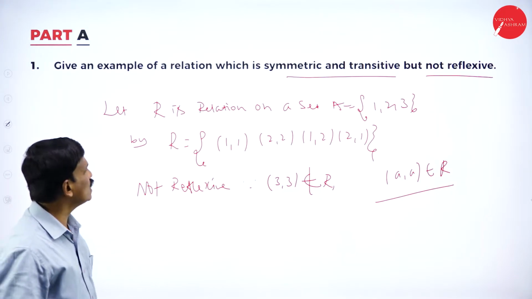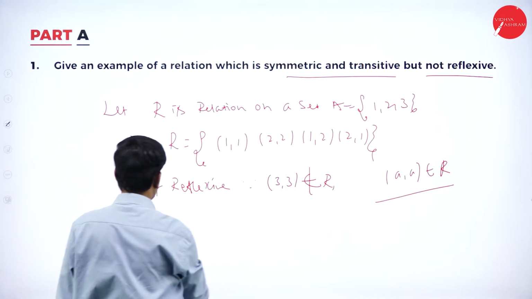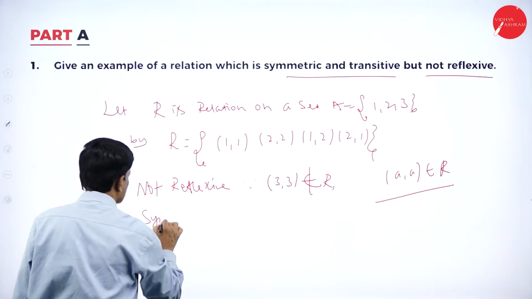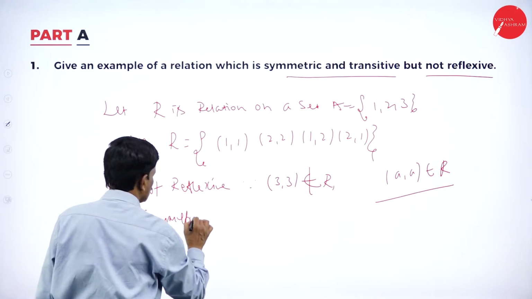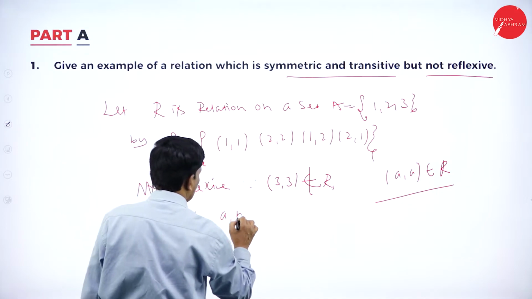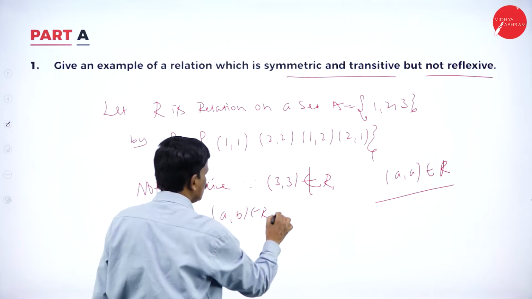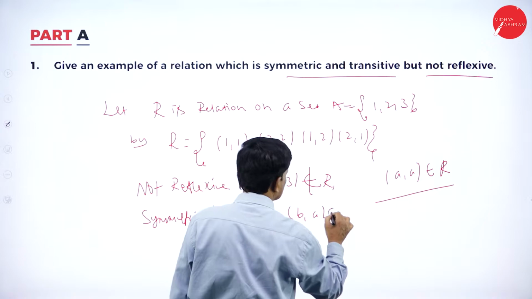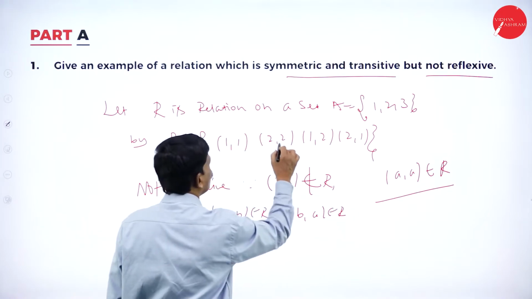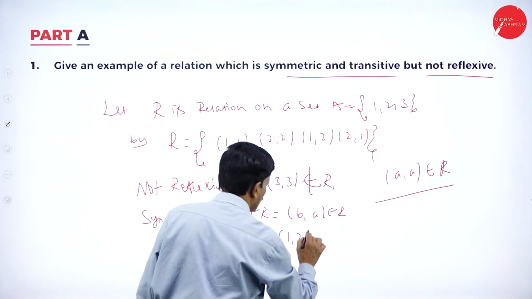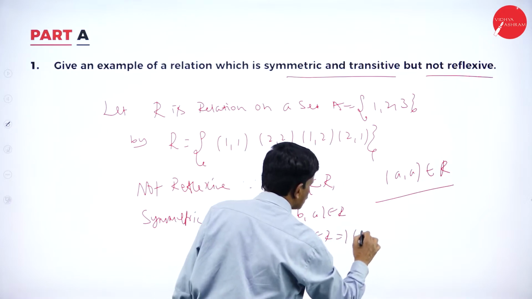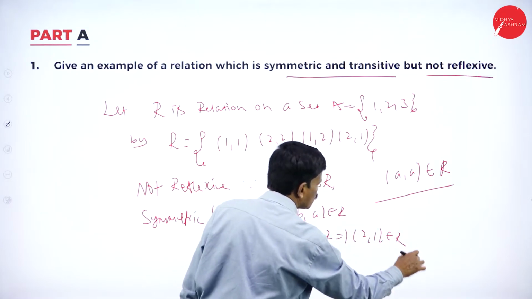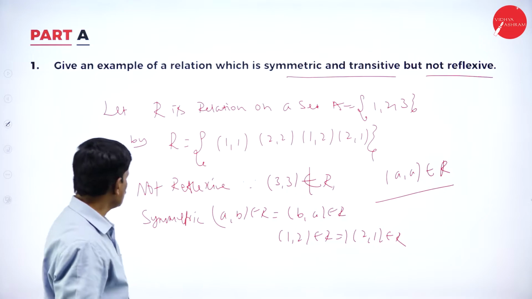Now verify whether it is symmetric. The symmetric property is: (a, b) belongs to R implies (b, a) also belongs to R. That is, (1,2) belongs to R implies (2,1) also belongs to R. Therefore, this is symmetric.